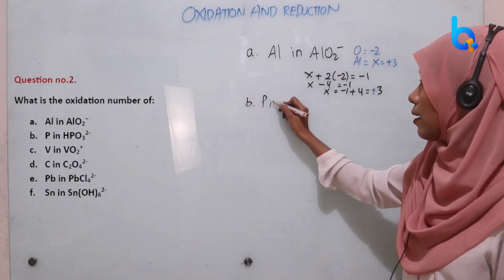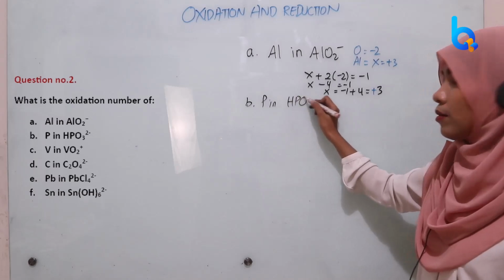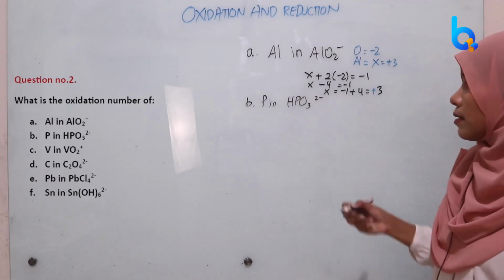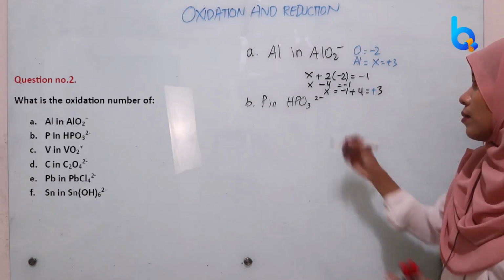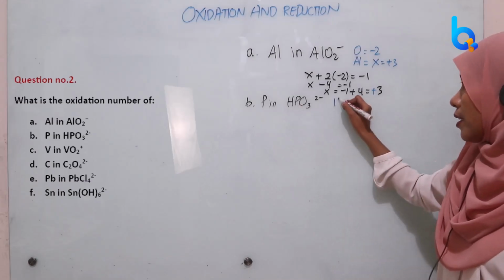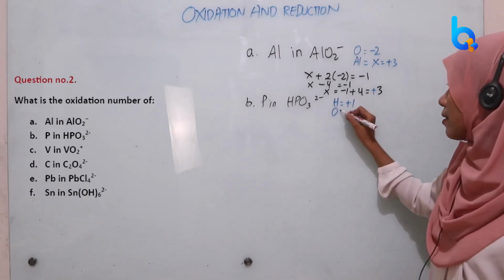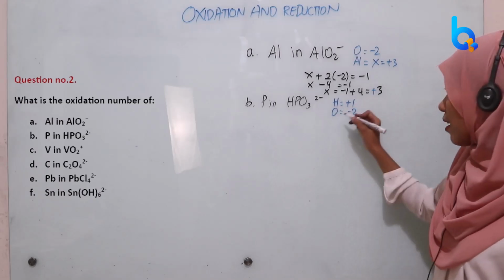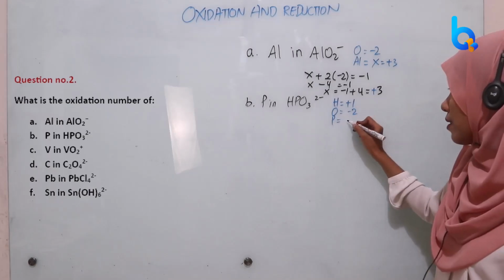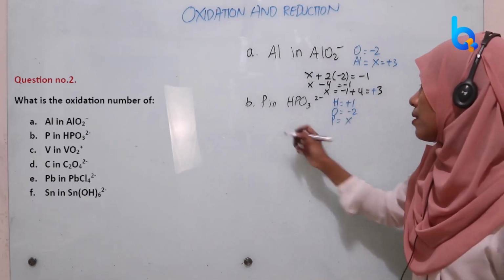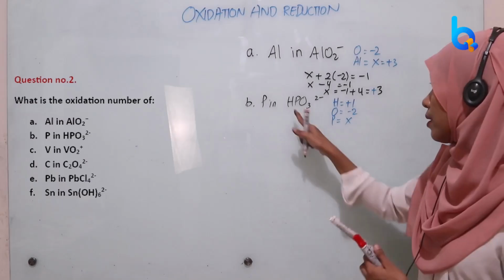P in HPO3 2 minus. Okay, so we know that hydrogen has oxidation number +1. Oxygen is -2, and we don't know for P, just let it be X. So let's count.